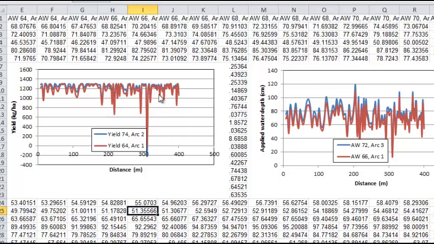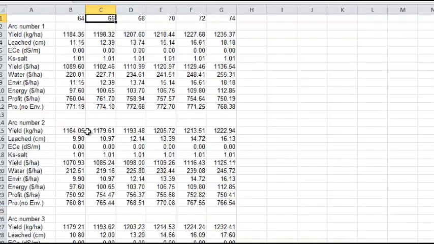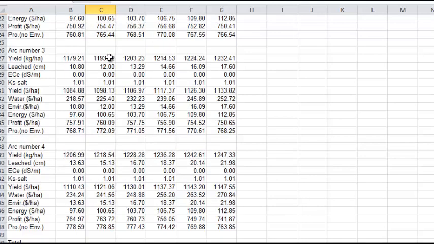The computer program goes through and calculates the yield in each part of the field, and then it'll summarize it in the summary data page. And so you can make a decision, well, how much water should I apply to the field? And then you could make a decision based on all your costs of energy and so on, whether you wanted to use pressure regulators or not.